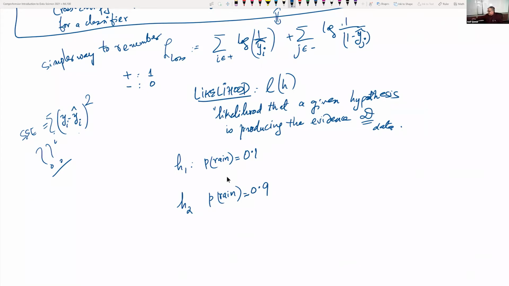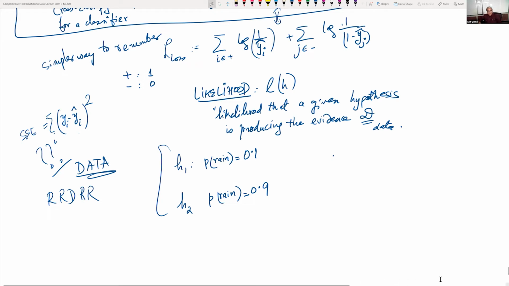Now I ask you this question. Suppose the data is this. Let's take 5 days' worth of data: rain, rain, dry, rain, rain. Let us say that the evidence came out to be this.